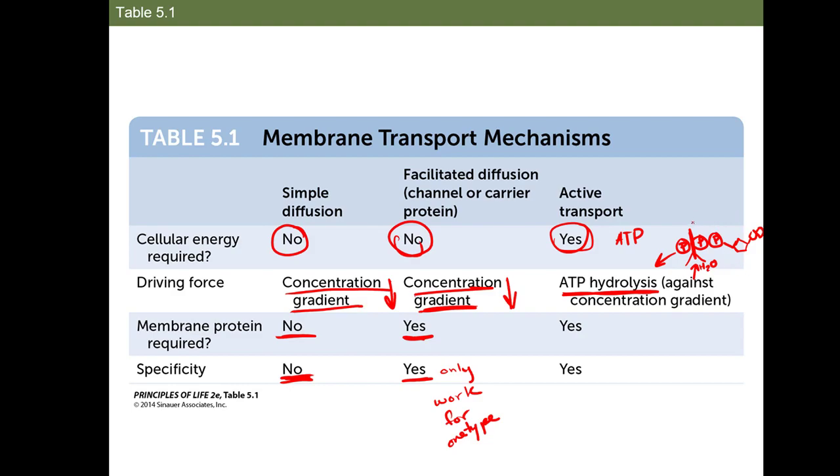This releases energy for the moving of the particle. So membrane proteins are required, and it only works for one type.